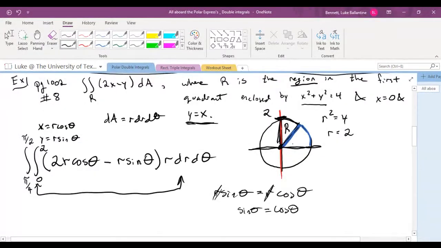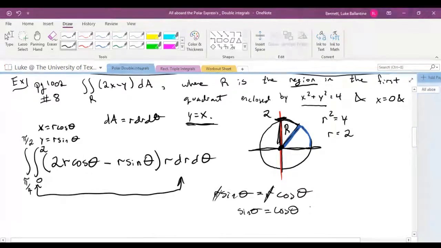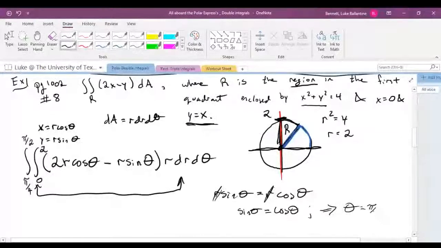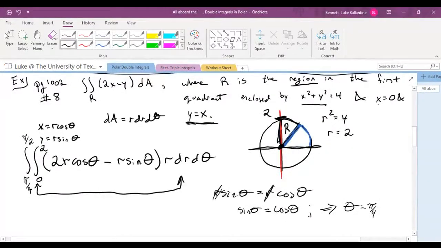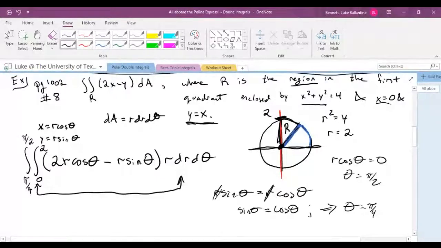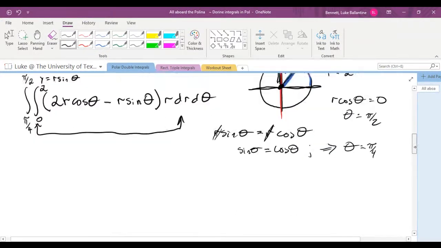In the first quadrant, the only value of theta that satisfies this is what? Theta equals pi over 4. So you could find it that way. And then x equals 0 is really r cosine theta equals 0. This is true when theta is equal to pi over 2. Cosine of pi over 2 is 0. So you can do it that way.